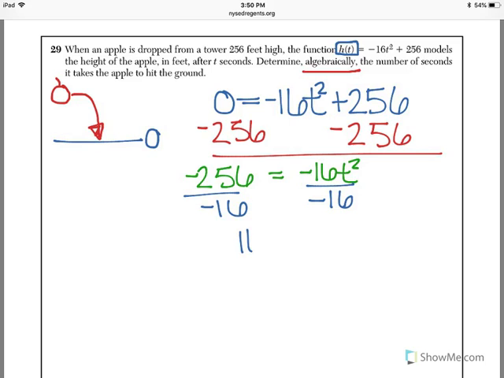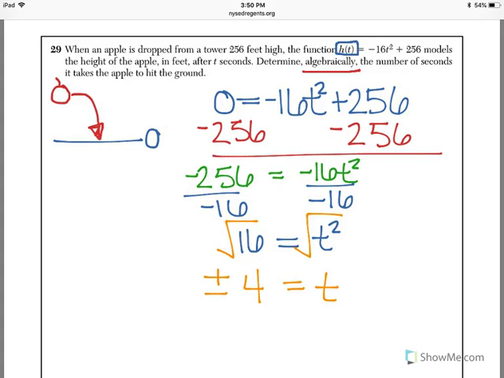I end up with positive 16 equals t squared, and the opposite of squaring is square rooting. So if I take the square root of both sides, I have t equals, now when I take the square root of 16, I could get a positive or a negative version for this answer.